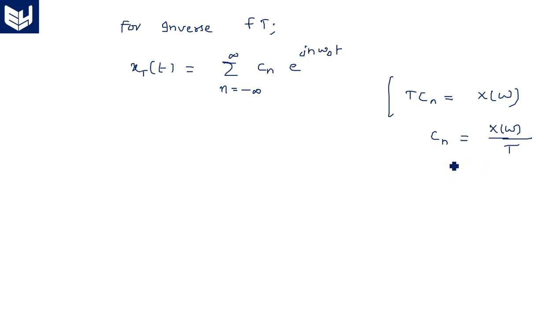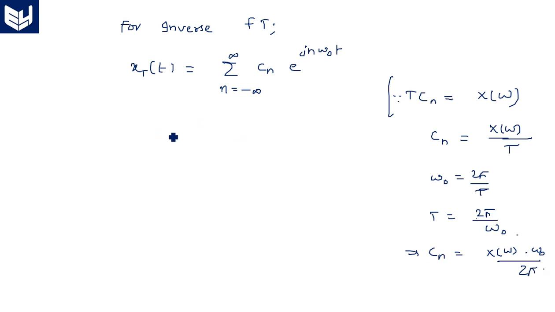The relation between T and omega naught is omega naught equal to 2 pi by T, so T is equal to 2 pi by omega naught. Substitute this in this, that implies c_n simply becomes X of omega into omega naught divided by 2 pi.